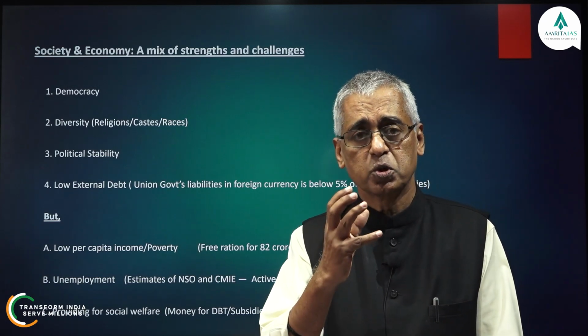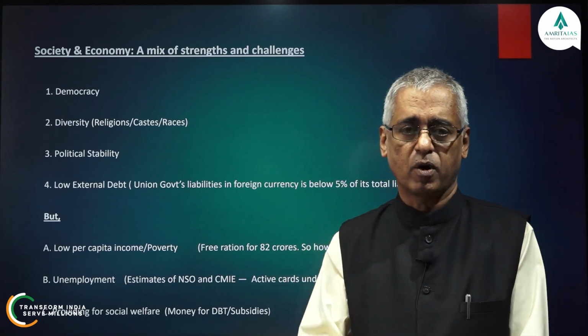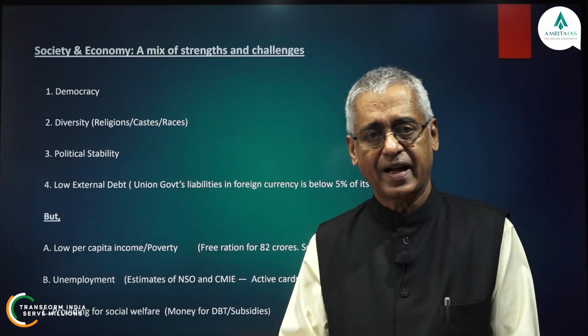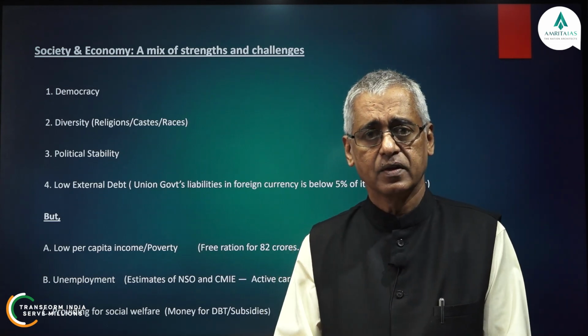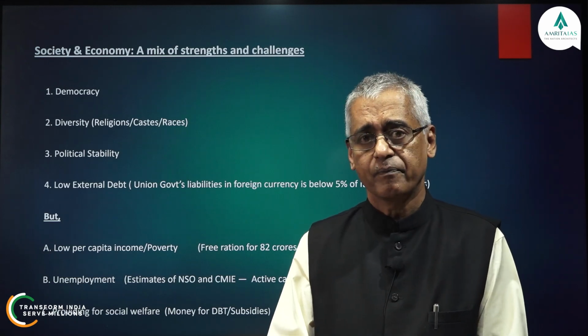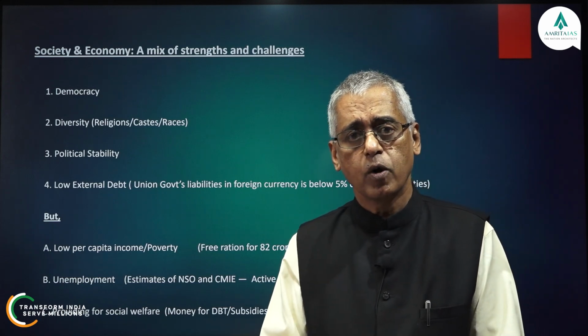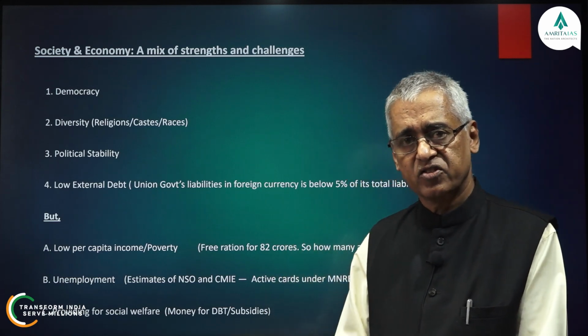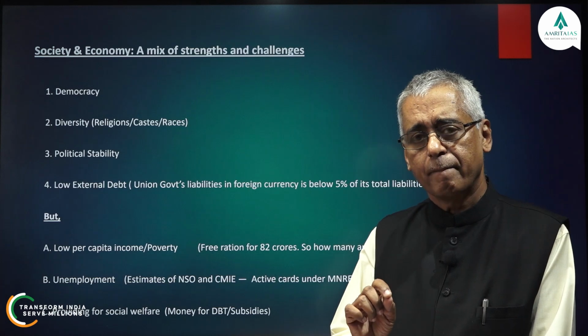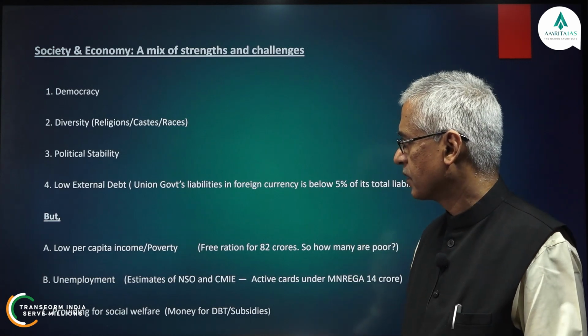I just want you to think that there are issues of poverty which need to be tackled and which is being tackled at the government's level. But the problem of poverty, the problem of low per capita income is indeed a matter to be dealt with.